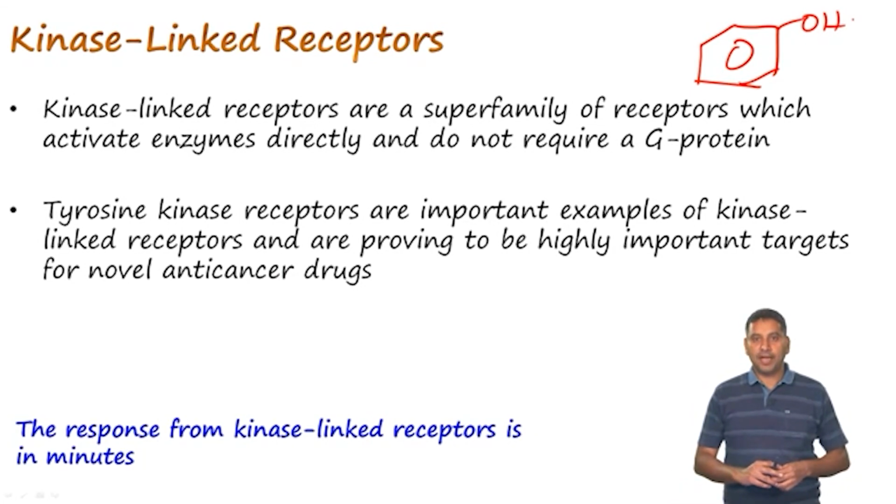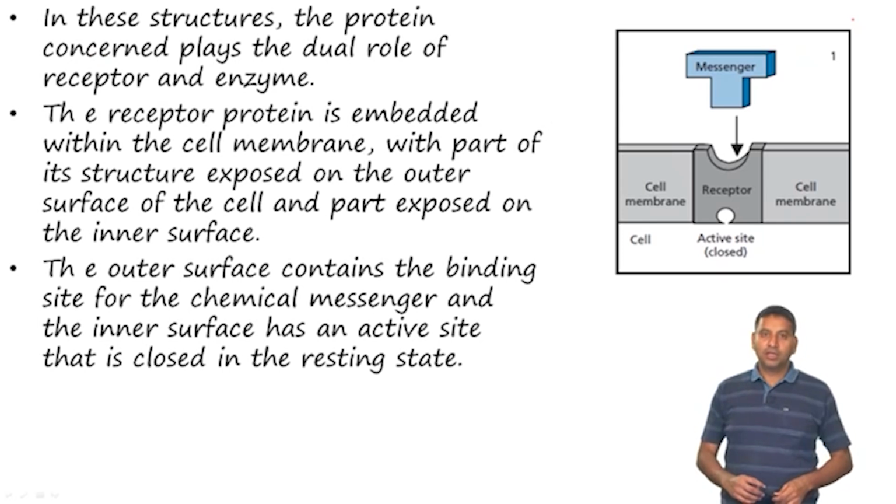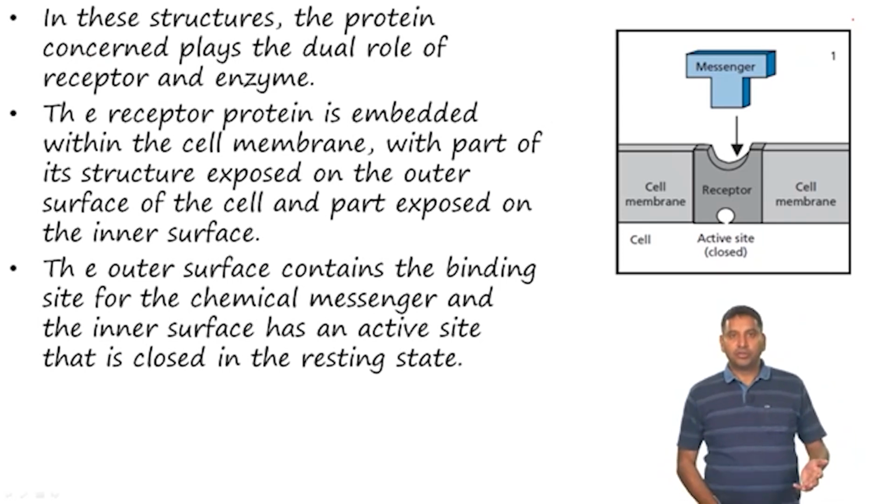And they are very important targets in developing novel anti-cancer agents. The response from kinase linked receptors is typically in minutes. So, in these structures, the protein concerned plays a dual role of both a receptor as well as an enzyme.